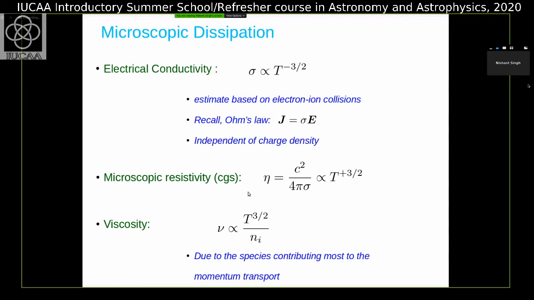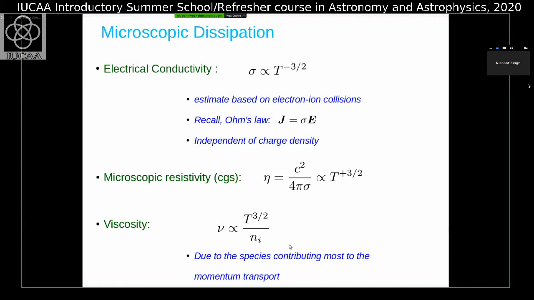So how do you know for sure that our estimates are right, and how do you even begin making any estimate of that? Essentially this is all driven by collisions. After all, when you have heated a plasma, you might think that with larger temperature the collisions will increase, so the dissipation must also increase with temperature, right?